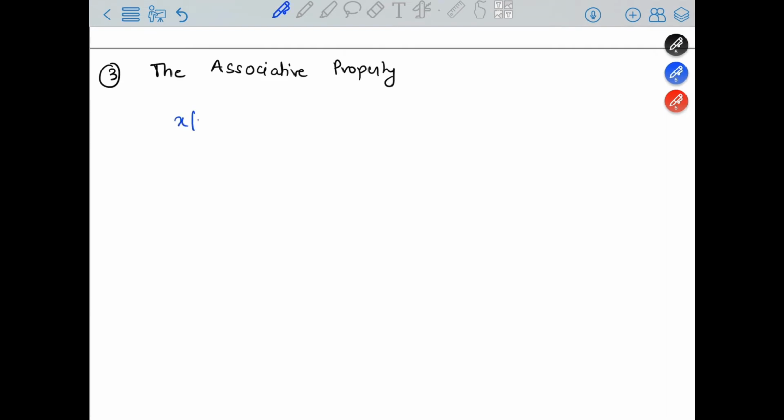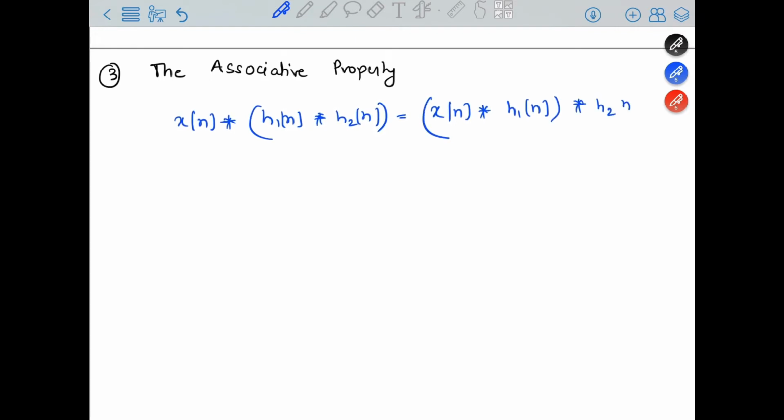For discrete time, x[n] convolved with h1[n] convolved with h2[n] will be equal to x[n] convolved with h1[n] and then convolved with h2[n].